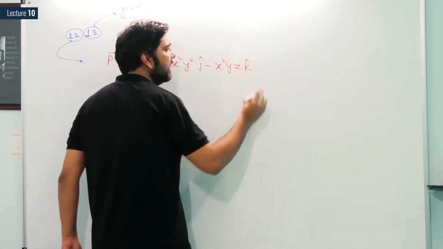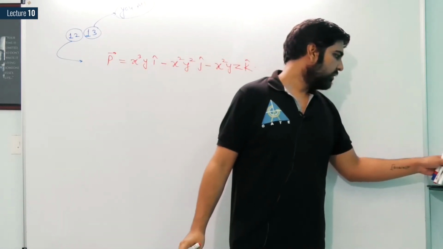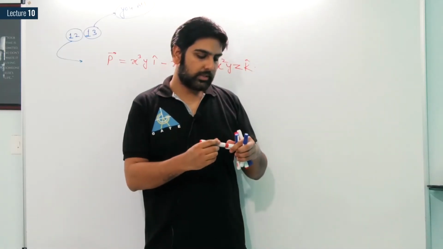I need to zoom it out. See here, ax, ay, az, fine. These are all the unit vectors in the direction of x, y and z axes.